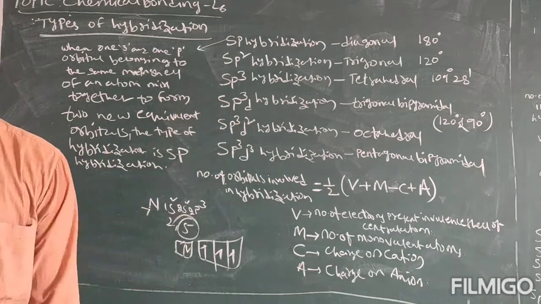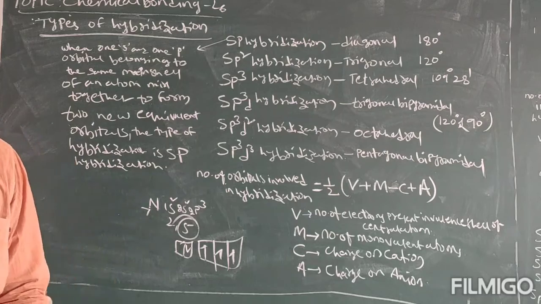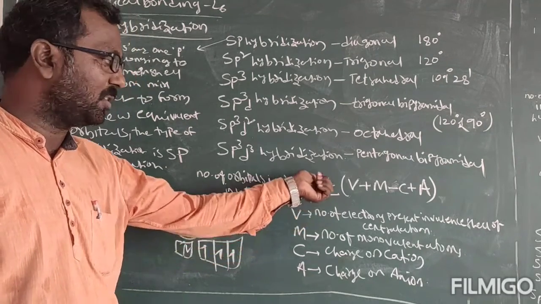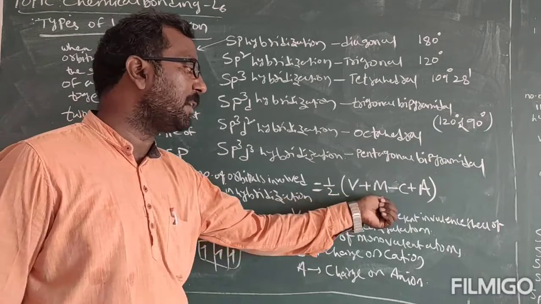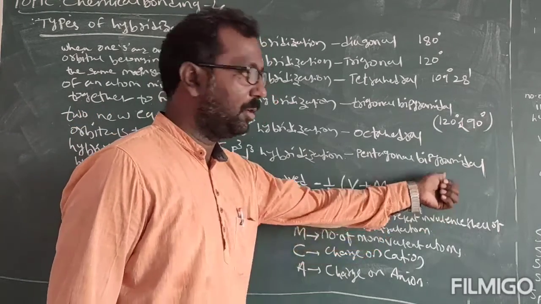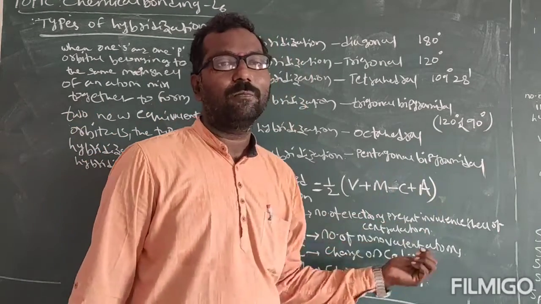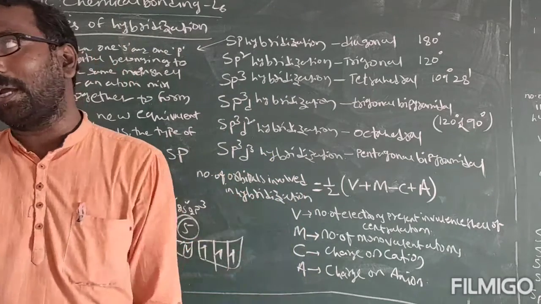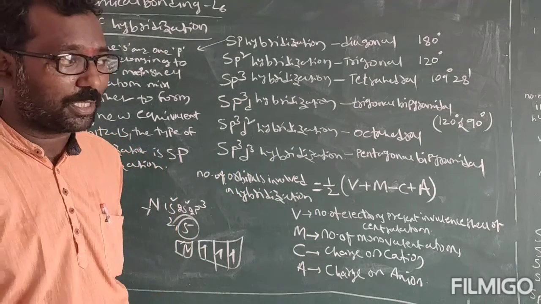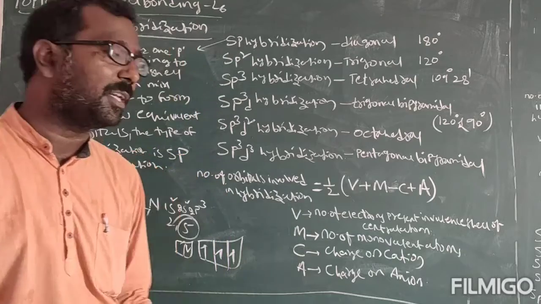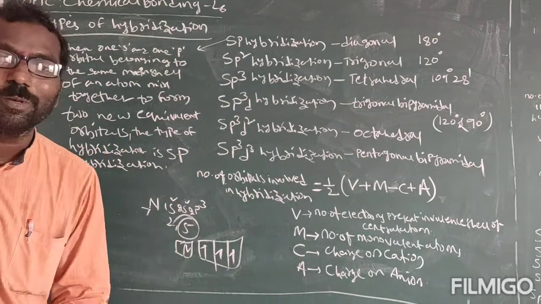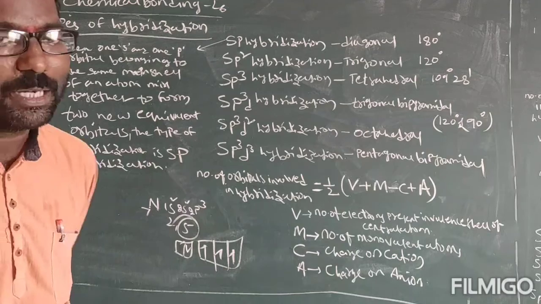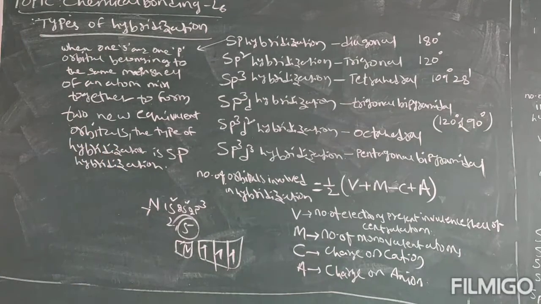And how to calculate which type of hybridization it has: the number of orbitals involved in hybridization is equal to half into V plus M minus C plus A. When you know this formula, then you can calculate the number of hybrid orbitals. Suppose if you are getting 4, it is sp3. If you are getting 3, it is sp2. If it is 2, sp. Like that we will be calculating the hybridization and the number of hybrid orbitals.